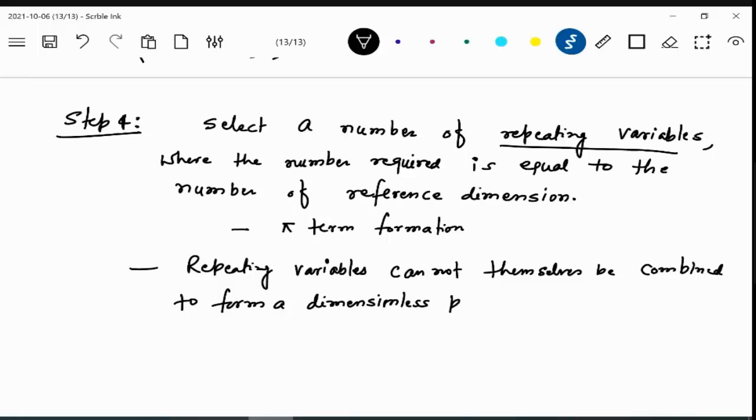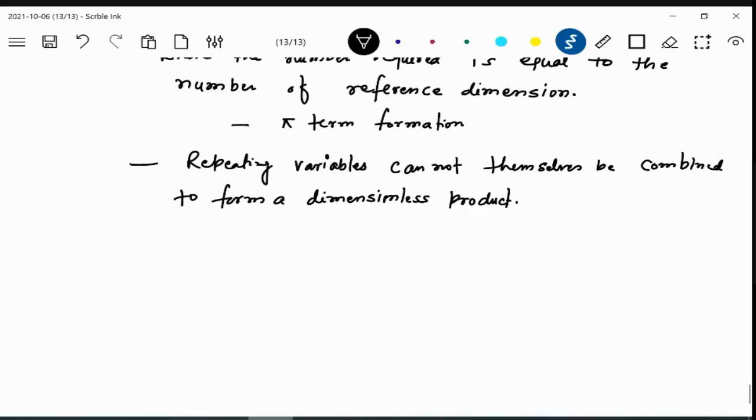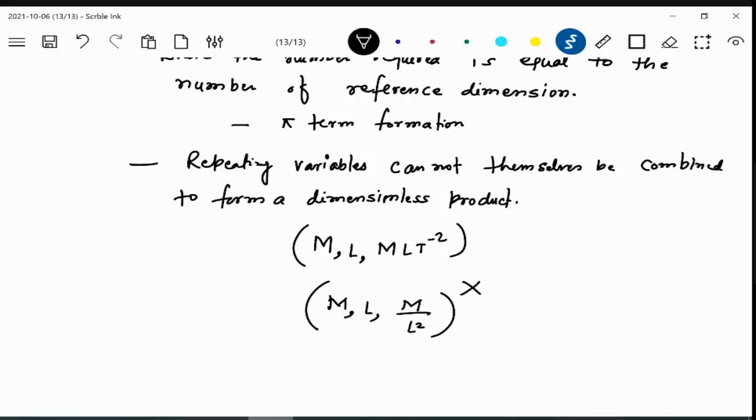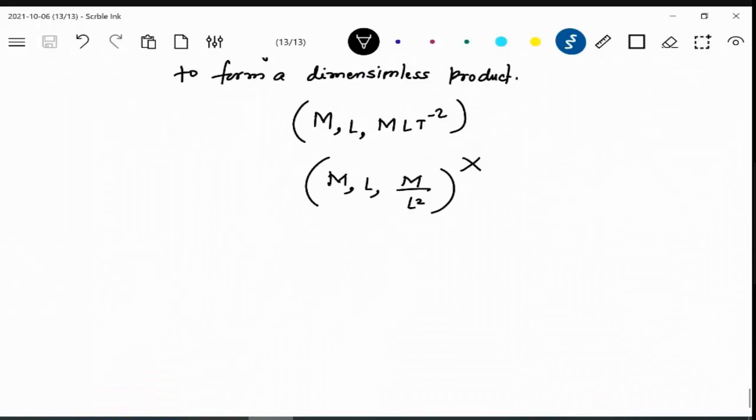For example, ML and MLT^-2. This can be a repeating variable, but this cannot be a combination of repeating variables, because from the first and second you can form the third, so these three variables are not independent. So they cannot form a combination of repeating variables.